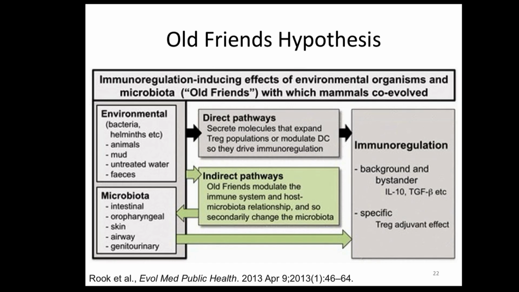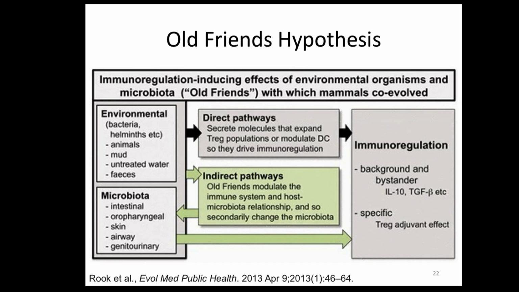That set point is at a place where it's assumed that you're having parasite and other types of infections all the time. And as we get rid of whatever microbes, and this could broaden beyond parasites, if we get rid of whatever microbes we were supposed to have evolved with, our immune systems are going to be messed up. If we get rid of whatever our old friends are, our immune response might be messed up.